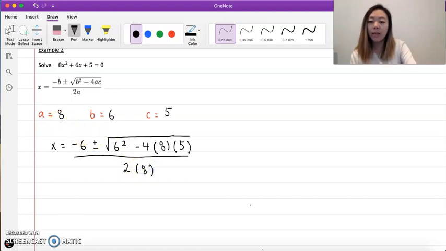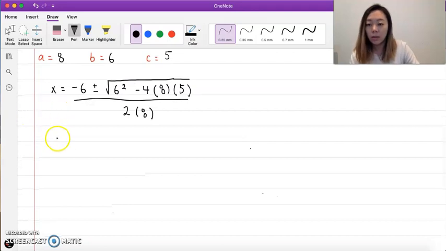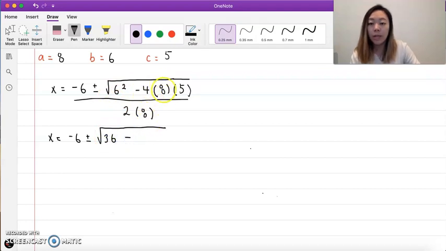So let's go ahead and simplify that out. So we got x is equal to -6 plus or minus the square root of 6 squared is 36, minus 4 times 8 times 5. So if we go ahead and multiply all of these numbers together, you get 160. Well, it's -160, so I put the minus sign here.